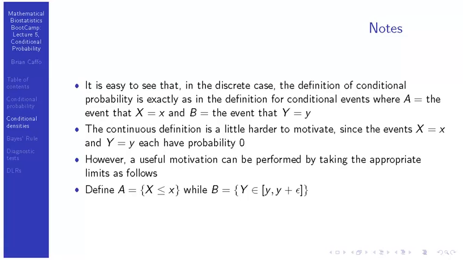The continuous one is a little bit harder to motivate as the definition. The event that x takes on a specific value or y takes on a specific value has probability 0 for continuous random variables. And so that fails our basic premise from conditional probability associated with events, that the probability of the event we're conditioning on has to be greater than 0.